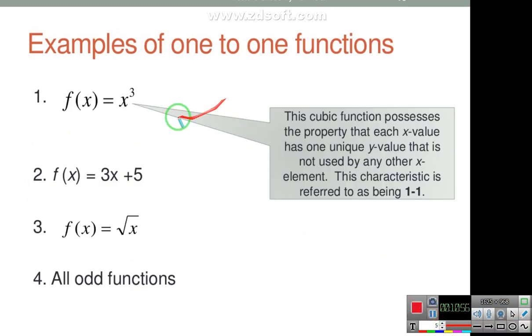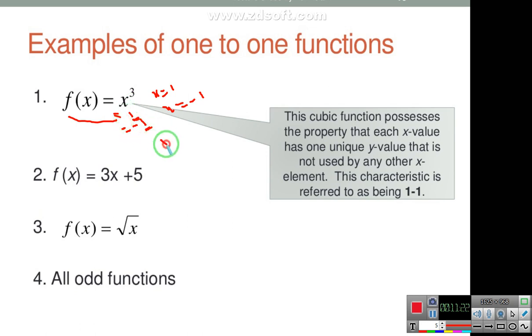Example of one-to-one function, like we have a function x cube. If x is equal to 1, your result will be 1. If you have x is equal to minus 1, your result will be minus 1. So if you can see, your range or your codomain values are different from each other.